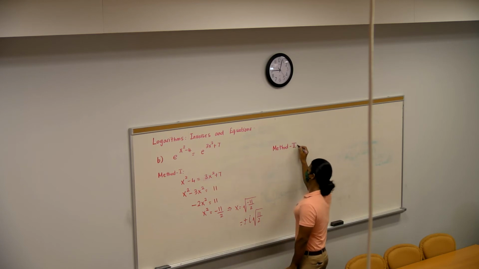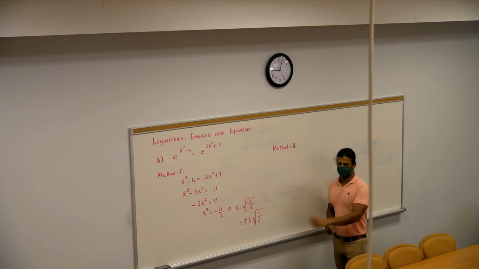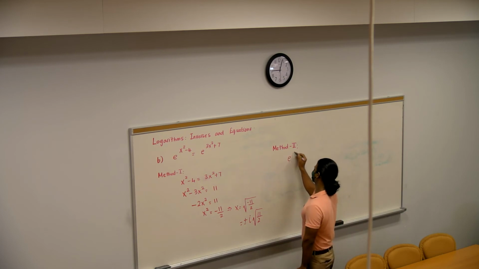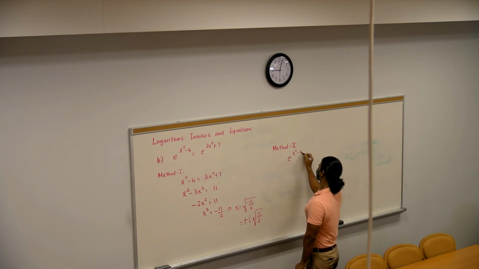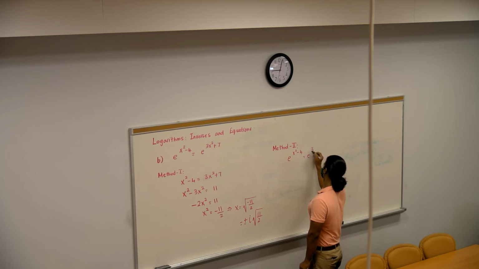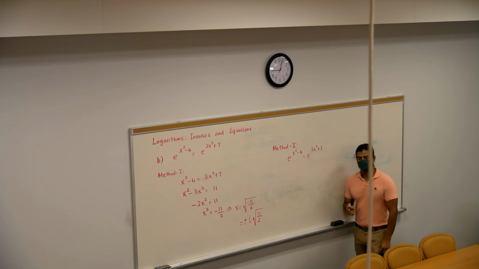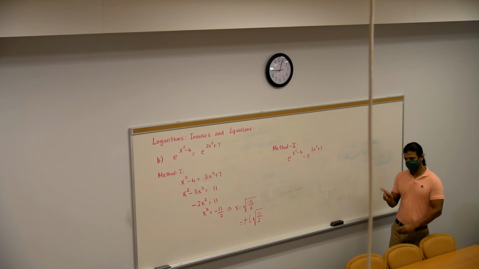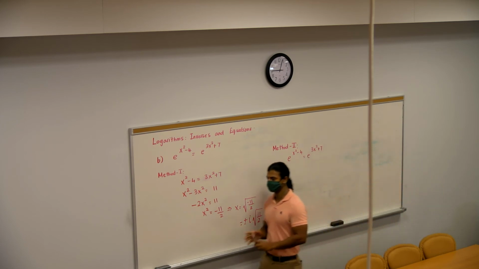Method 2 is no different from method 1, but we just start it in a different way. We recognize that it is an exponential equation, and since it is an exponential equation, we take logarithm on both sides.